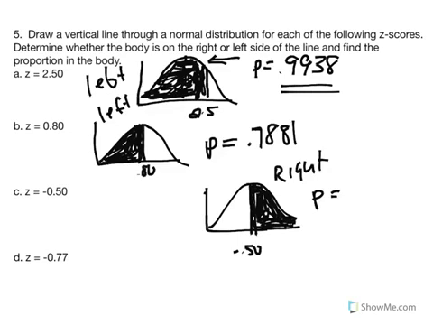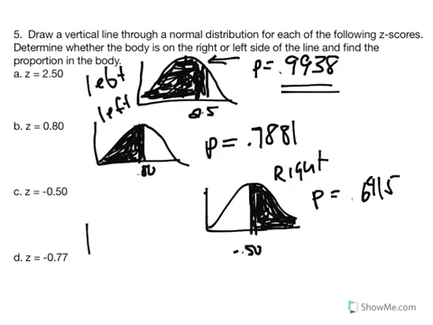Using our unit normal table, we found that the probability of obtaining a z-score greater than negative 0.5 is 0.6915, or there's a 69.15% chance that we would select a score that corresponds to a z-score of negative 0.5 or a score greater than that.